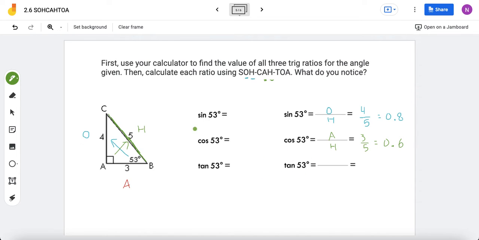And tan of 53 degrees, well, tan is just opposite over adjacent. The opposite side we know is going to be 4. The adjacent side we know is going to be 3. And 4 divided by 3, that's 1.33.